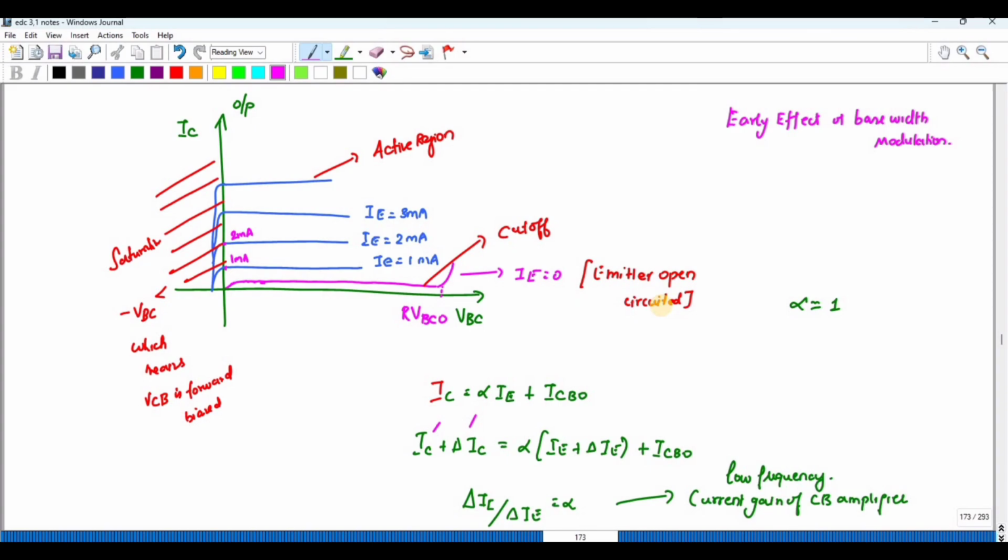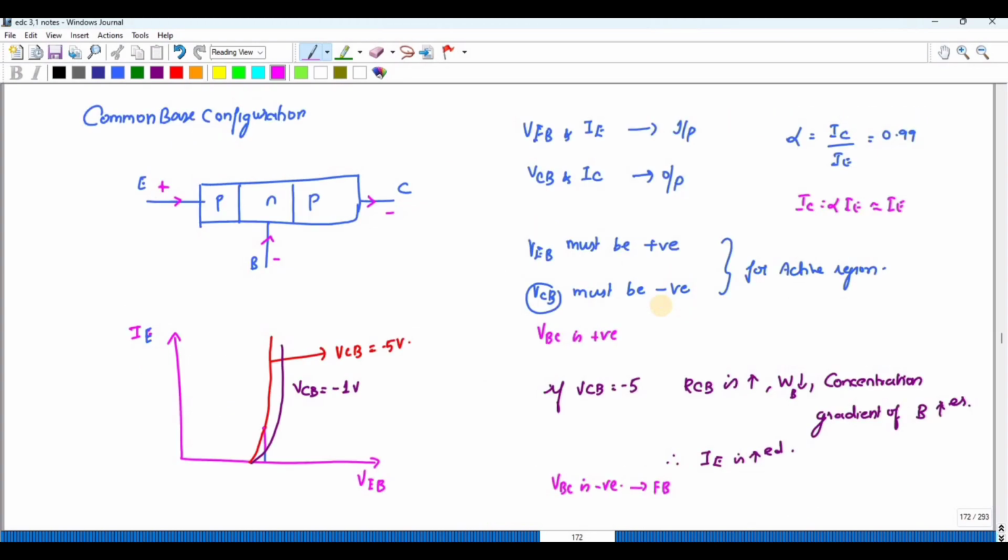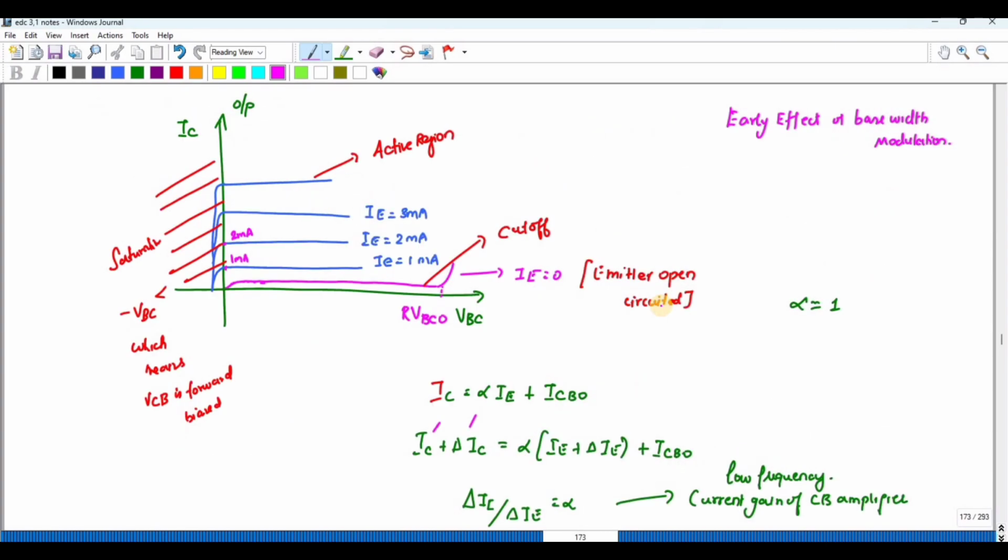If I increase the value of VCB, the base width is modified. This is called the early effect. For a large increase in VCB, the effective base width may reduce to 0.